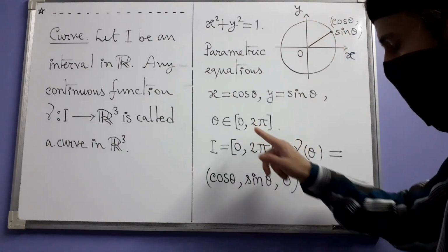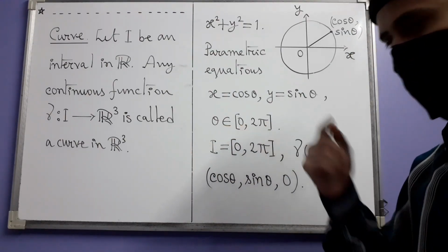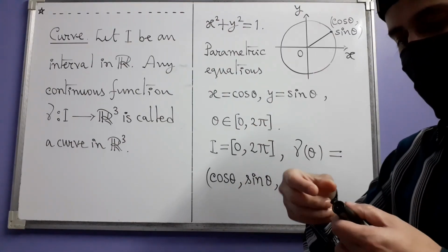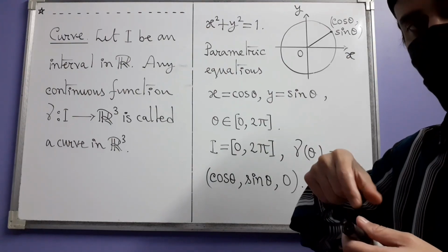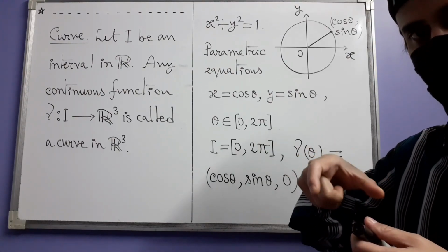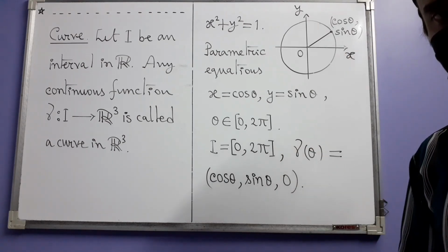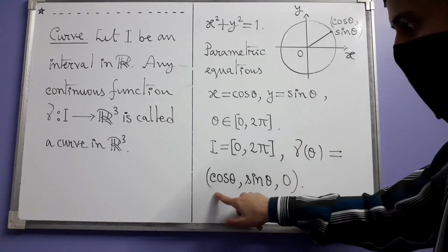This is connected. There is no gap, right? It's a continuous interval from 0 to 2 pi. If you see this interval on the real line, it will be a line segment whose endpoints are 0 and 2 pi. So in that sense, it's connected. It's in one piece. Is this function continuous? Yes. It's a function whose output is a point like this.